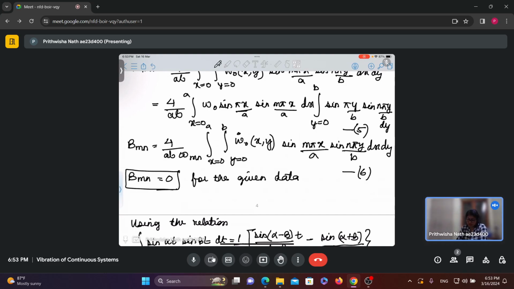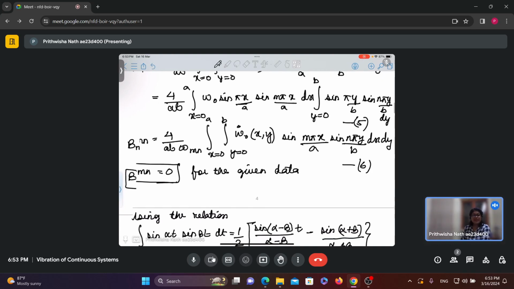Similarly for BMN, this is the expression: 4 divided by AB omega mn, double integration over this entire term, and from the given data we know that W naught dot is 0. So BMN becomes 0.